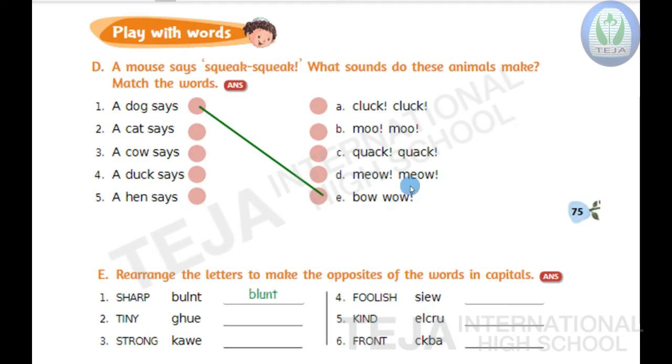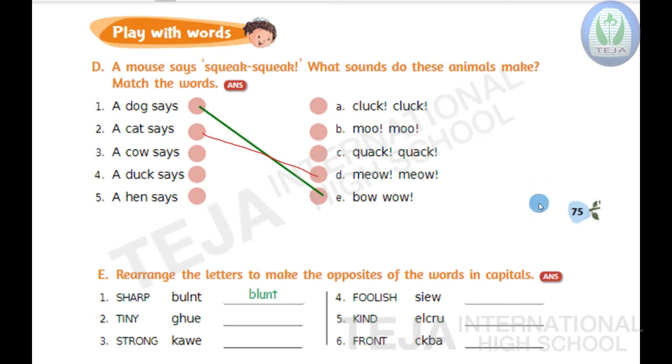The first one is done for us. A dog says bow wow. Now a cat says meow meow. So the correct option is D. A cat says meow. A cow says moo moo.